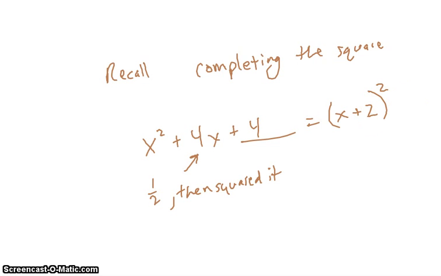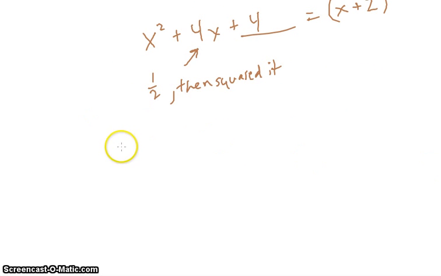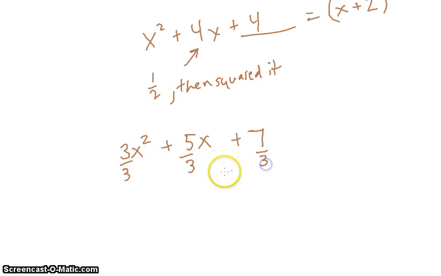Okay, you might ask, how does this apply to some other ones? Well, let's take a look at something else. Let's just say we have this problem here. And we had a problem like this in previous sections, and it asks us to complete the square. Okay? So we don't want a number in front of this term here. So I'm going to divide everything by 3. So if this was equal to 0, we'll divide everything by 3.